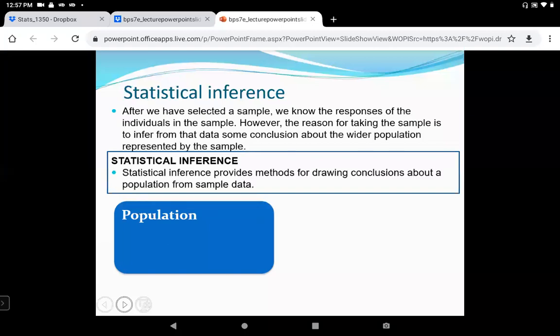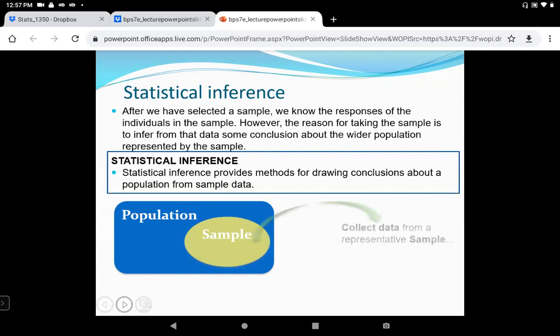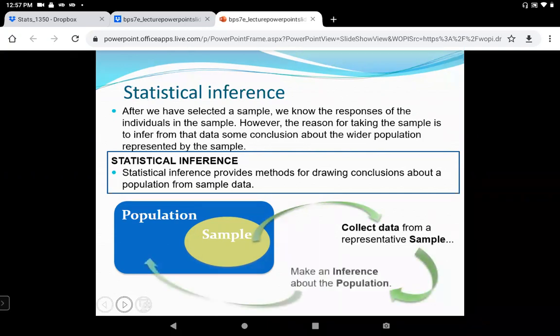Statistical inference provides methods for drawing conclusions about a population from sample data. The population is our larger box, and the sample is a subset of the population. Collect data from a representative sample. Make an inference about the population.